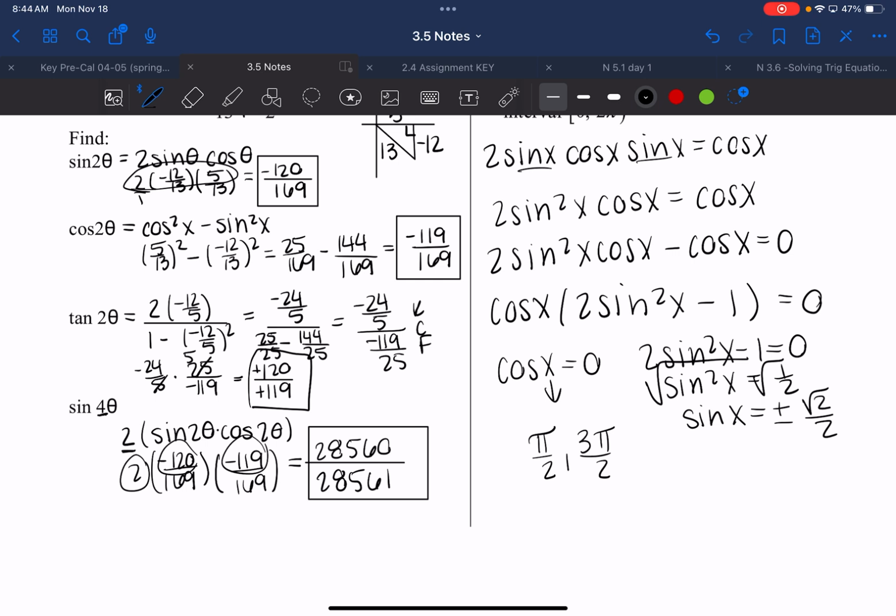Nice. Okay, so since it's plus or minus, we're considering all quadrants, right? So where do we get root 2 over 2 for sine? 45 degrees or pi fourths, okay. So that's quadrant 1. What's it in quadrant 2? And quadrant 3?